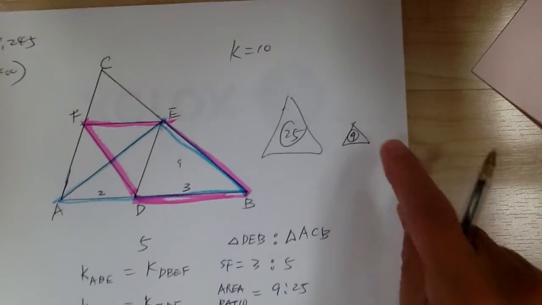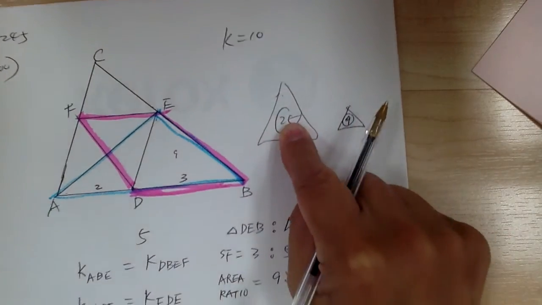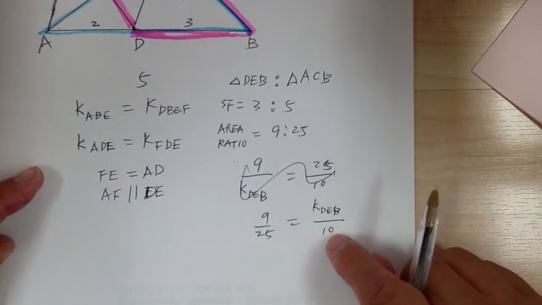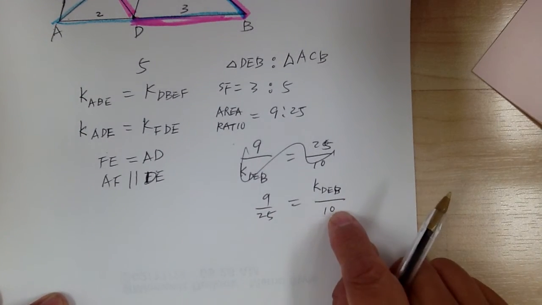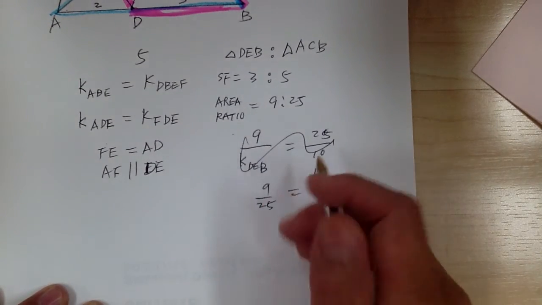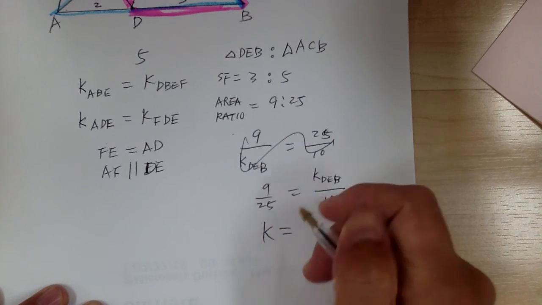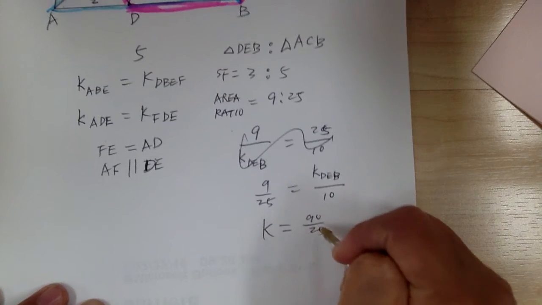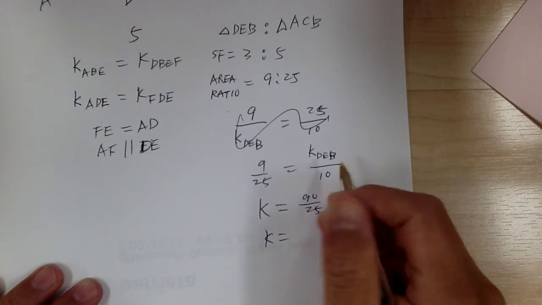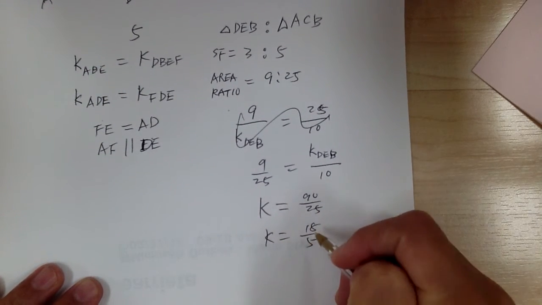So use a ratio. Small area over big area equal to small area over big area. So this is a ratio and this is the actual area. Cross multiply, you can see that k equal to 90 over 25. So k equal to 18 over 5.